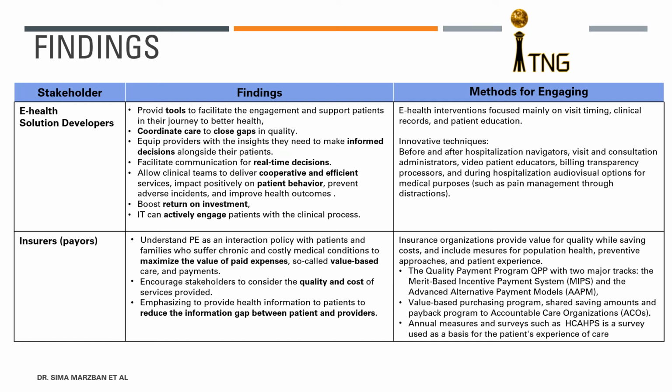We reviewed the studies and classified approaches by stakeholder groups in 4 categories. First of all, e-health people, insurers, providers, and biotech companies. The perspectives of the mentioned diverse players regarding PE were different, really different. The areas they looked into PE were in a range of benefits from cost saving to averted complications.